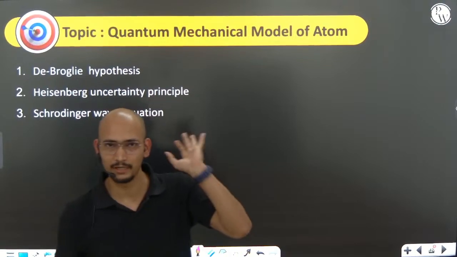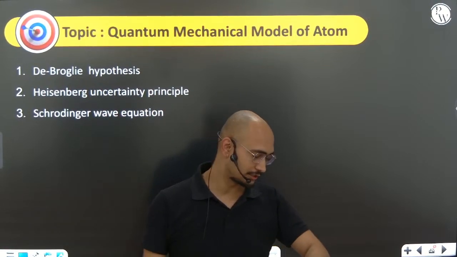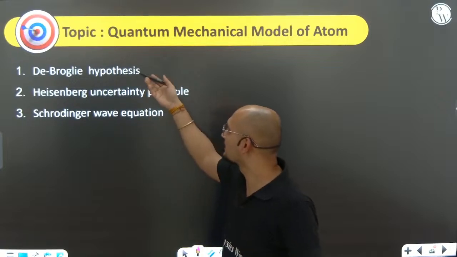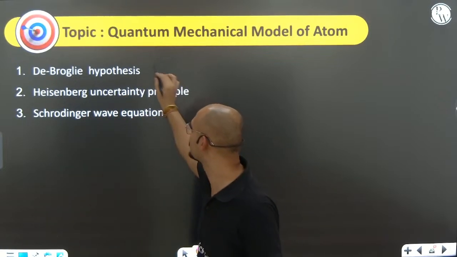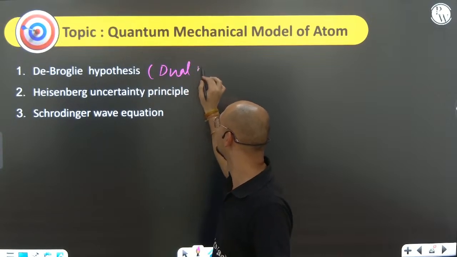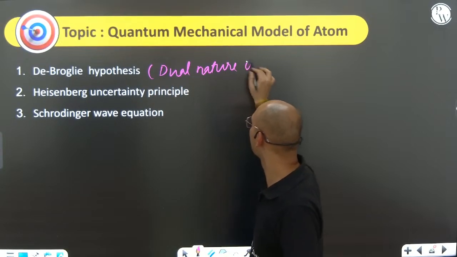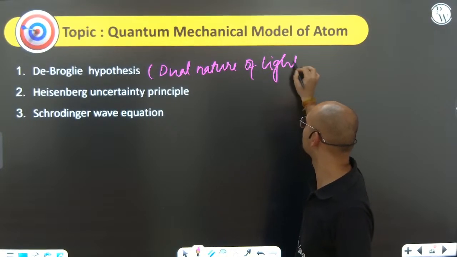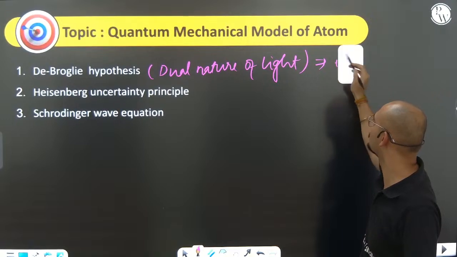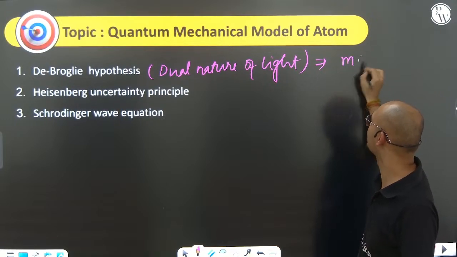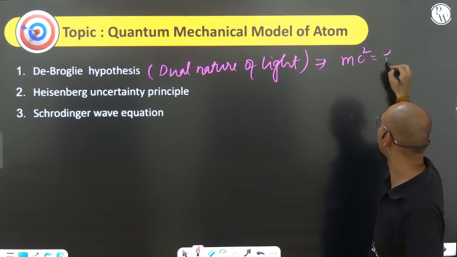Very, very important. There are a few theories that we have to keep in mind. What is the de Broglie hypothesis? De Broglie talks about the dual nature of light. It says that E equals mc square and E equals h nu, so mc square is converted into h nu.